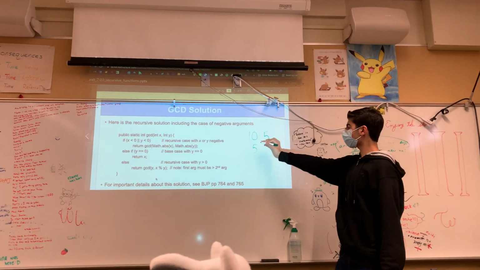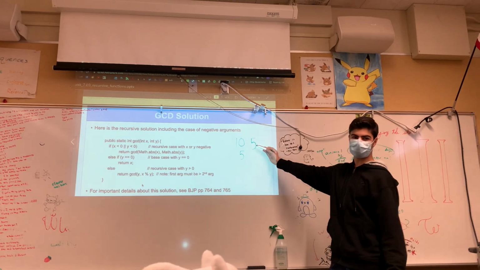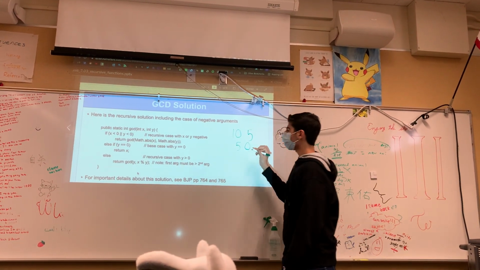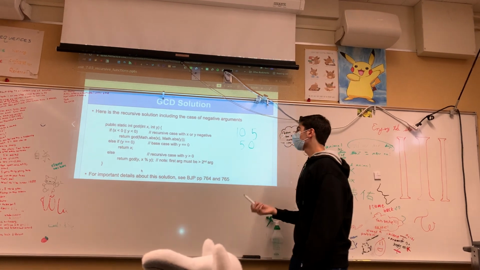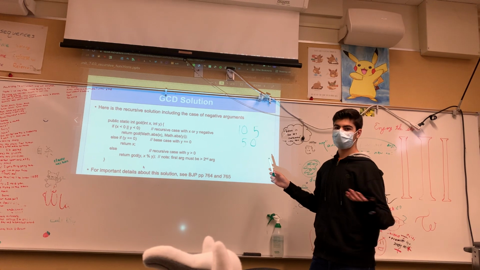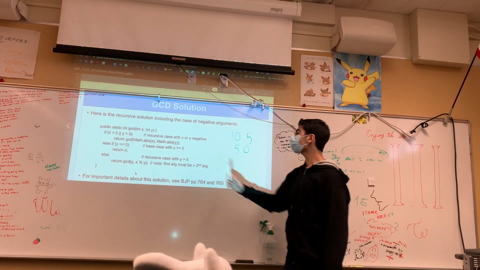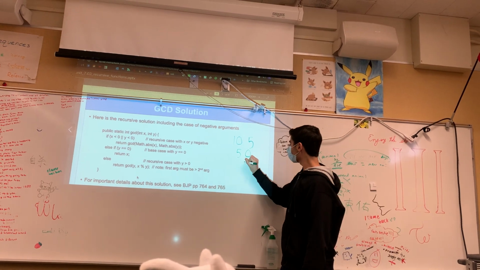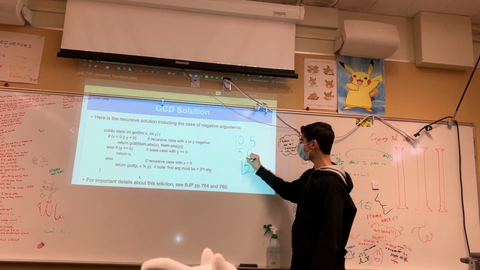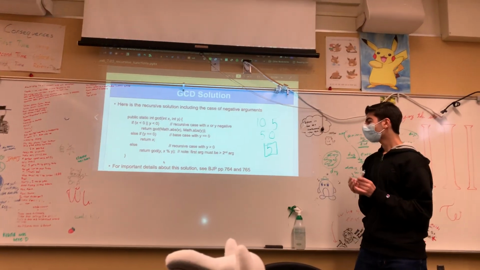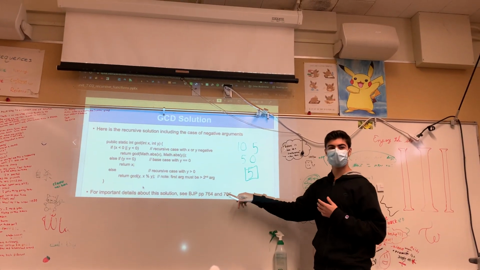And x mod y. So what is the remainder when you divide it? 0. So now we go through it again. Are either of them less than 0? No. Does our y equal 0? Yes. So it returns x. Guys, this is our GCD. Yay! All right. I get it. And you can always refer to the textbook if you have any questions.